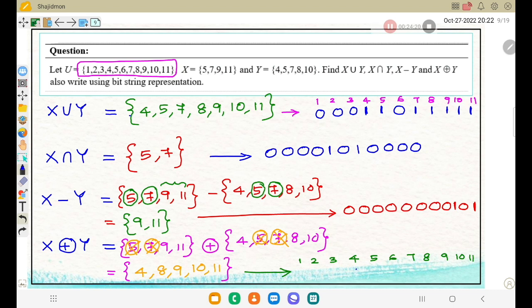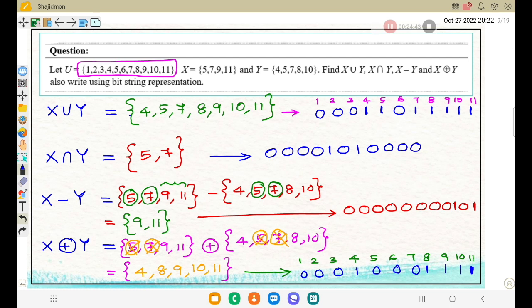So the 4th position is 1, the 8th, 9th, 10th and 11th positions are 1. All other positions are 0. Correct? Only those numbers are present, the ones with a 1 bit. So this is the bit string representation of the sets.